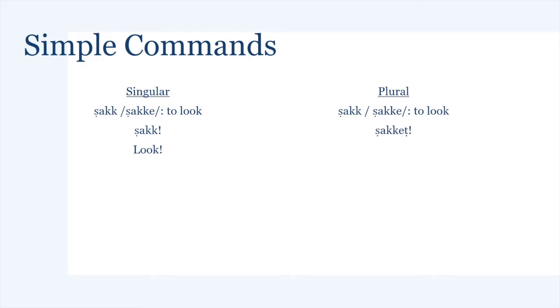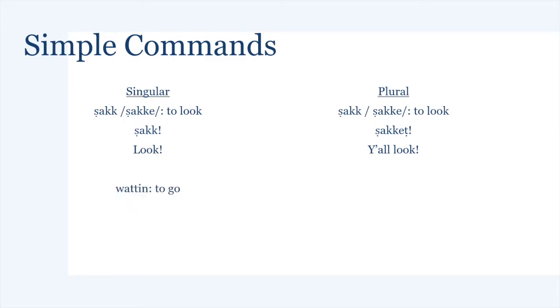So for the plural though, you'll see a lot, for a plural command, you have to add a retroflex T, the T with the dot underneath it, at the end of the verb. So if you want to direct it to a group of people, you say shock it. So all of you look. Y'all look. So when I say a plural command, I'll probably put y'all in it. I know not every English speaker says y'all, but it's basically just to distinguish it pretty clearly.